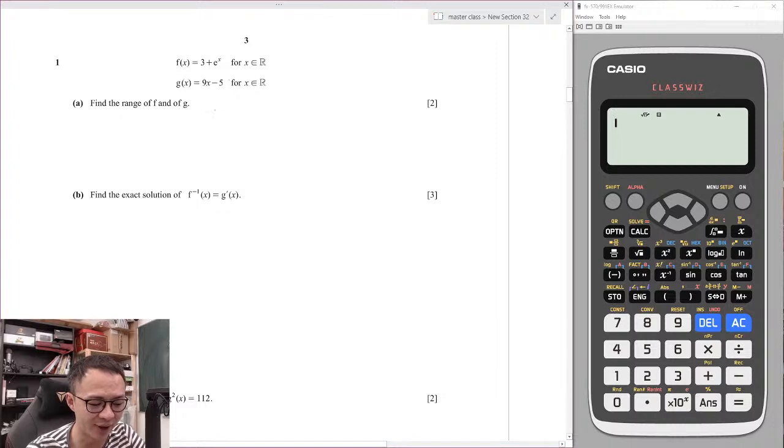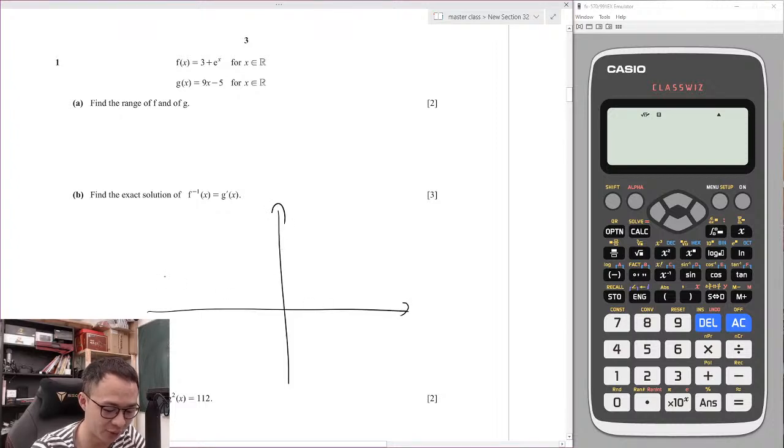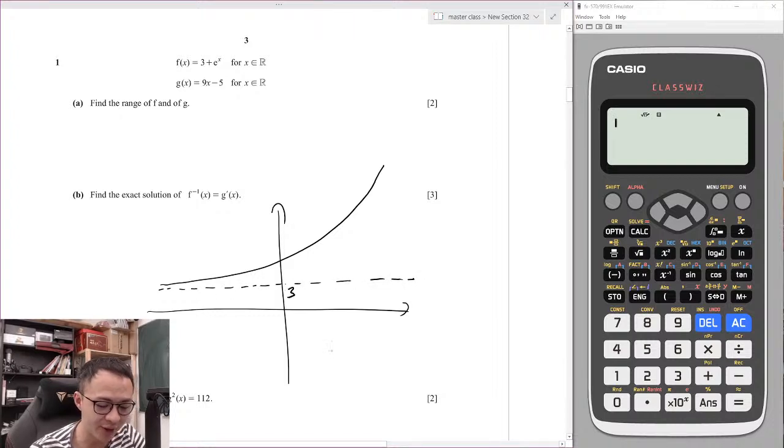This one you need to remember how to make f(x) become undefined or a math error. If you understand the graph of 3 plus e power of x, the graph will look like this, and it has an asymptote, which is y equals 3 here.